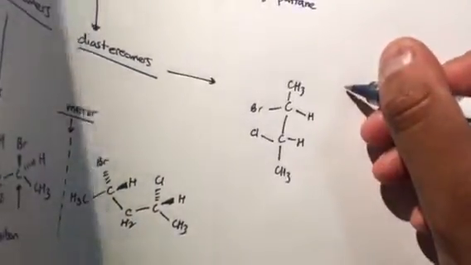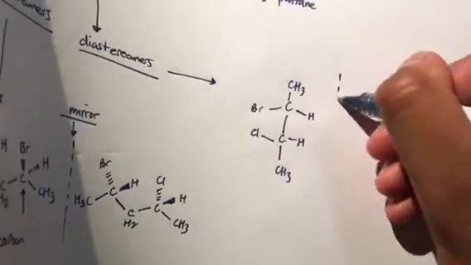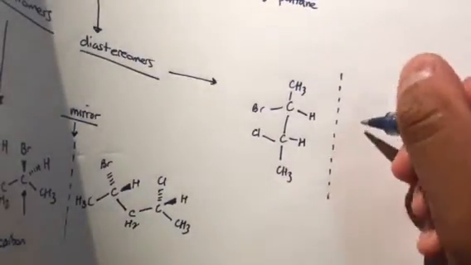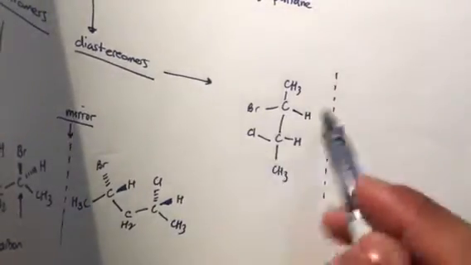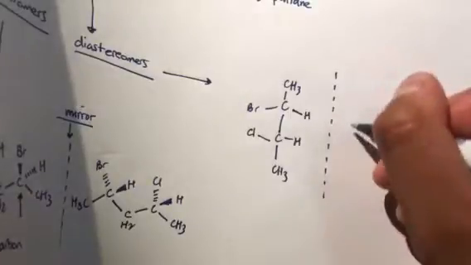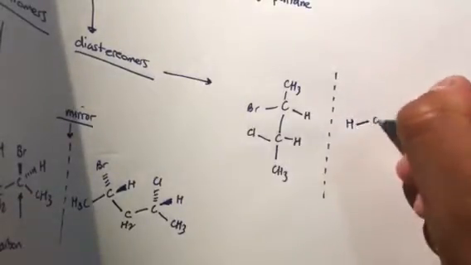So this is a diastereomer. Let's imagine we have a mirror image here, okay? However, since this is a diastereomer, it's not going to have a mirror image. So in this case, let's just look at this one.